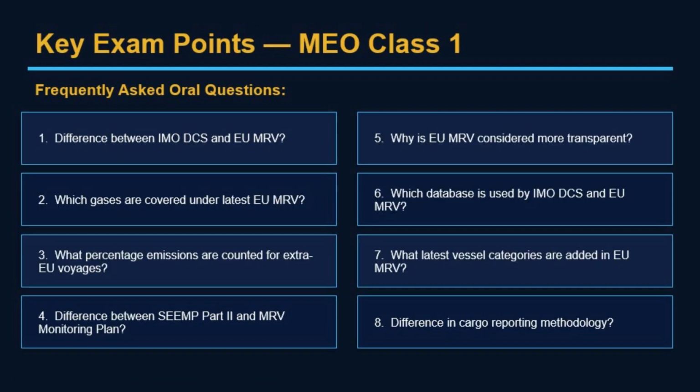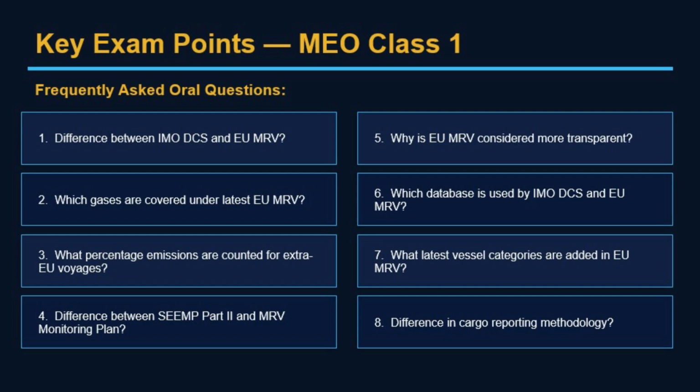Before your MEO Class 1 oral examination, ensure you can answer the following questions confidently. What is the difference between IMO DCS and EU MRV? Which greenhouse gases are covered under the latest EU MRV requirements? What percentage of emissions are counted for extra-EU voyages? What is the difference between SEEMP Part 2 and the MRV monitoring plan?